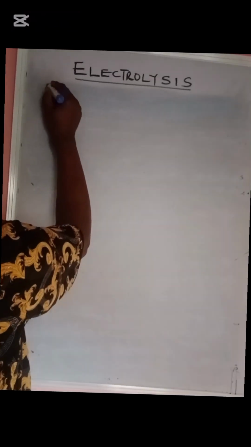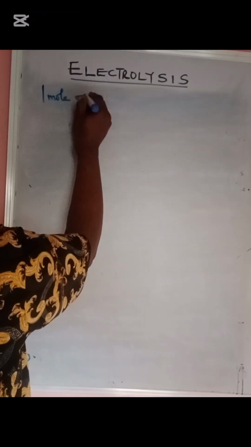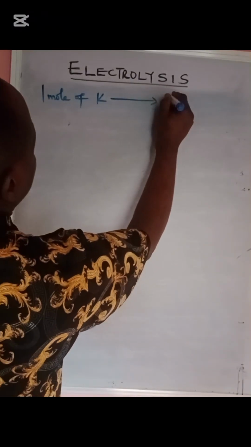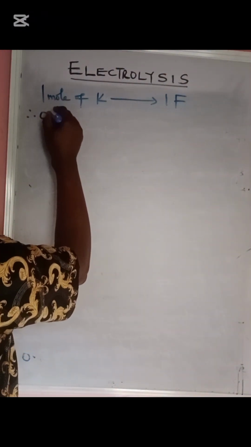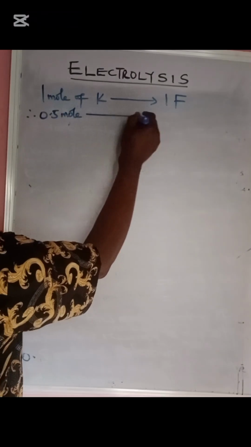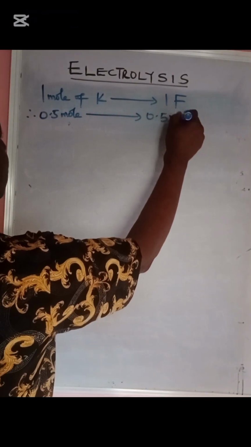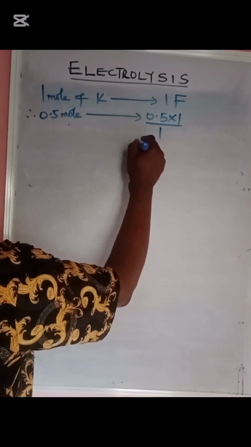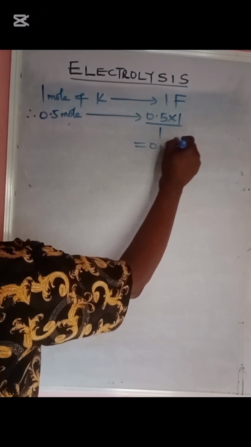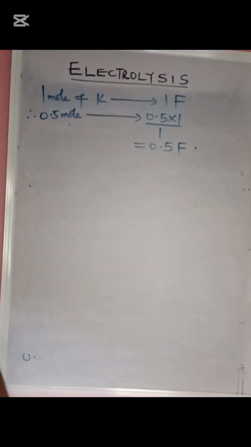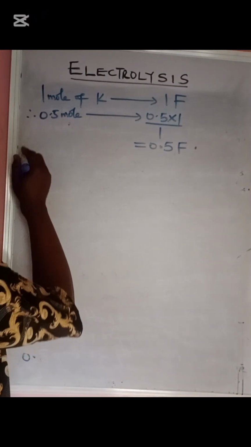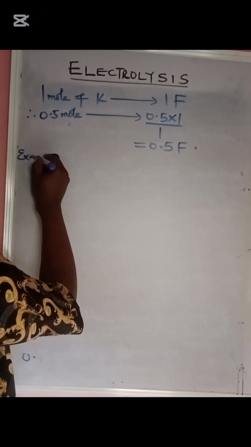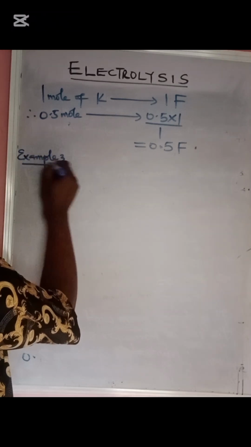I will say 1 mole of potassium requires 1 Faraday because it's a monovalent element. So therefore 0.5 mole will give 0.5 times 1 divided by 1, which is 0.5 Faraday. You can convert this to coulomb by multiplying by 96,500. That one is settled.